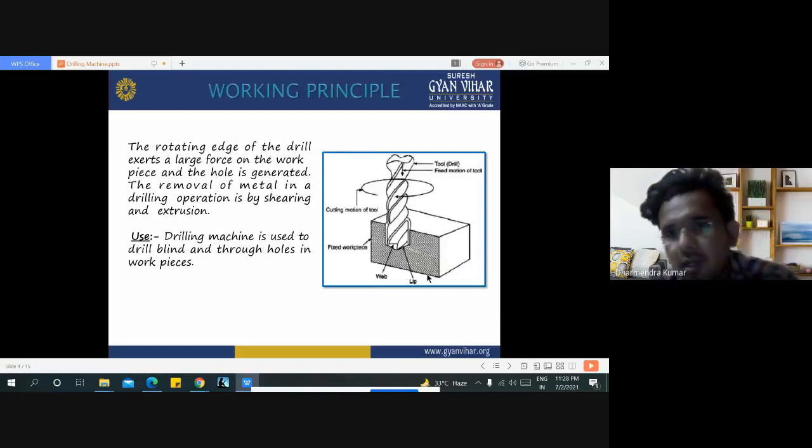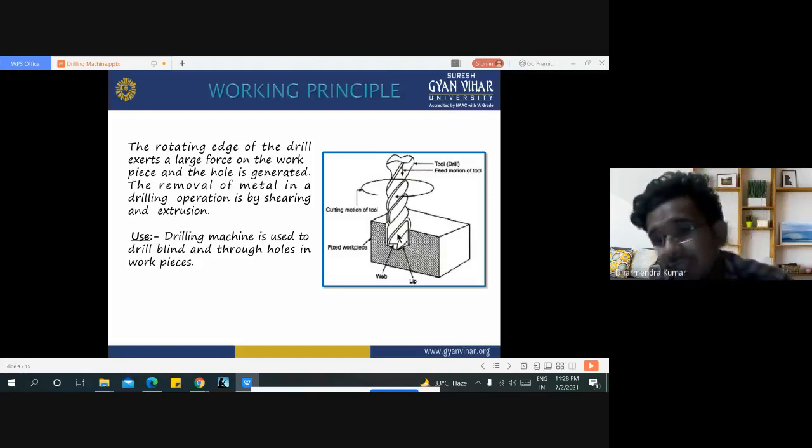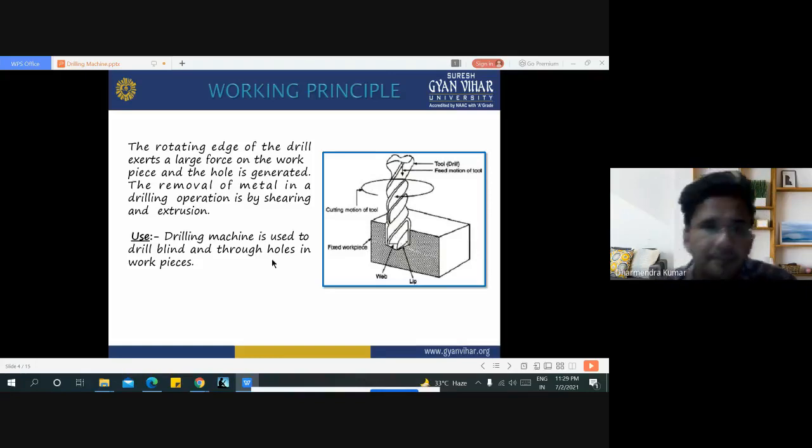Here is the picture of a drill bit or drill tool. It represents the cutting motion of the tool and the fixed workpiece, and here we can see in this picture how drilling is done with the help of a drill machine.